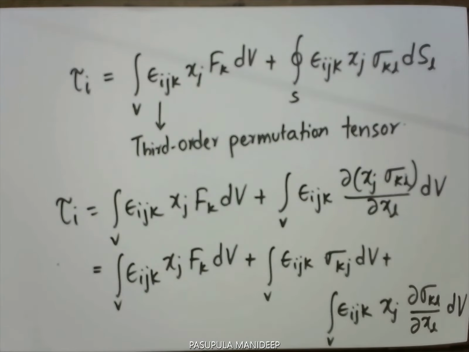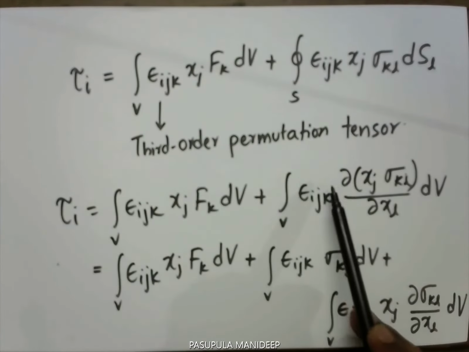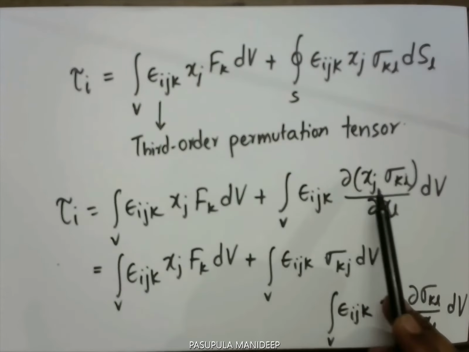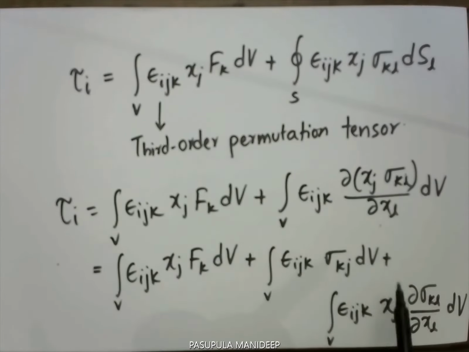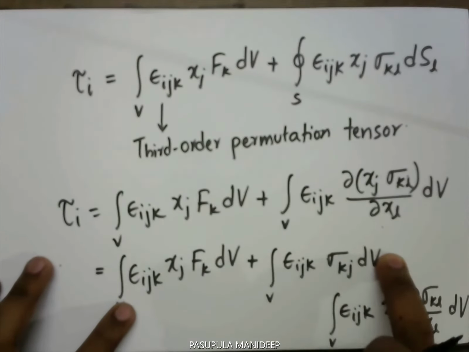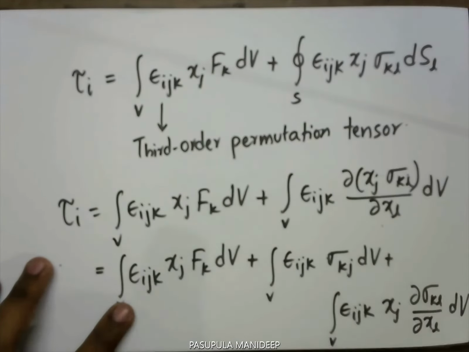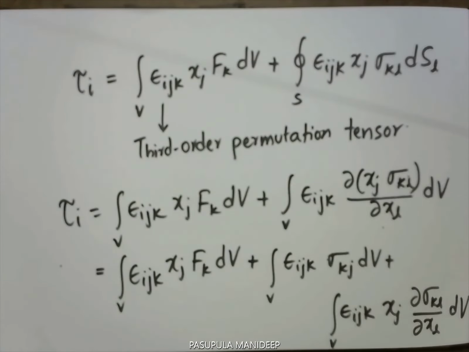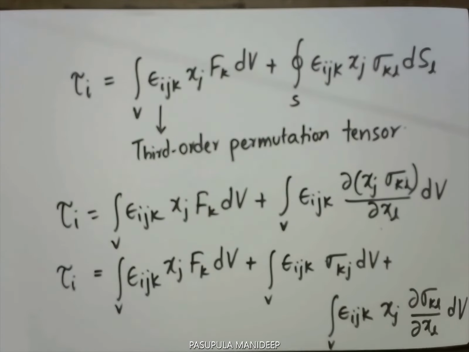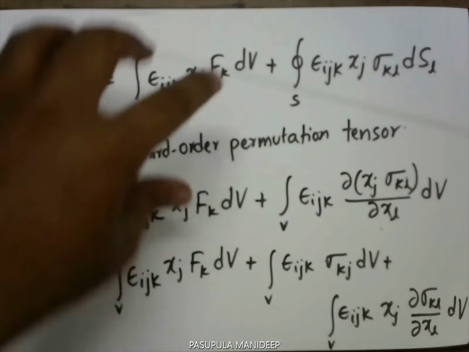Why is this happening? Because when we take del xj by del xl, it is nothing but the Kronecker delta ij, which is the second order identity tensor. So by using that condition we came to this equation.